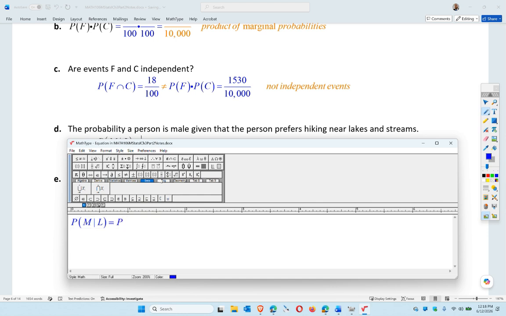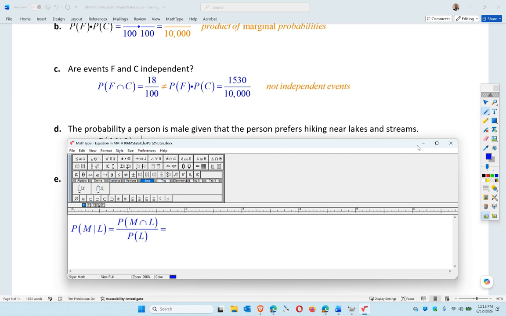Probability of male and lakes over the probability of a lake vacation being chosen.